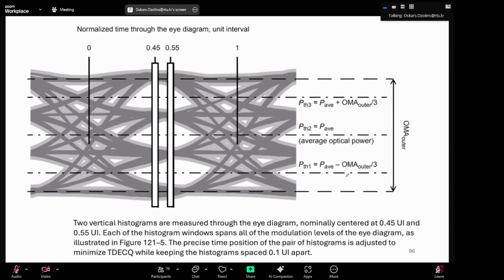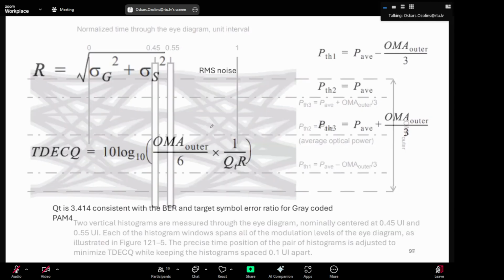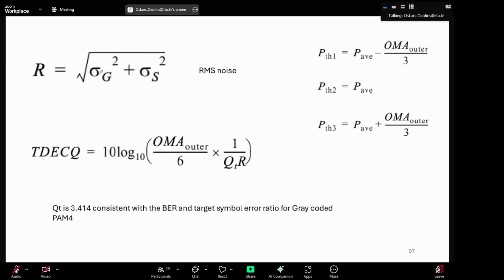You also calculate the threshold, and then you can estimate the noise in there. Based on that, you take the optical modulation amplitude, and you have three different thresholds which you need to take into consideration. It's measured in decibels, which is why the logarithm is there.